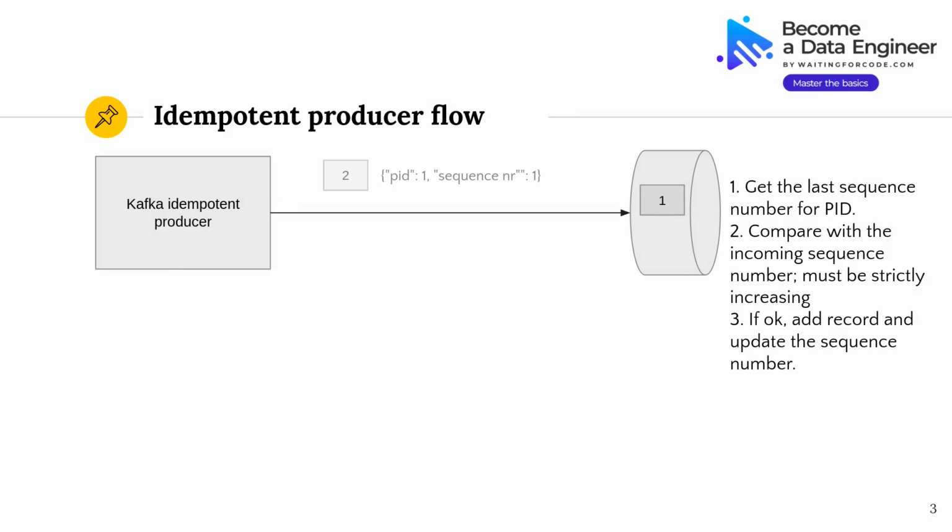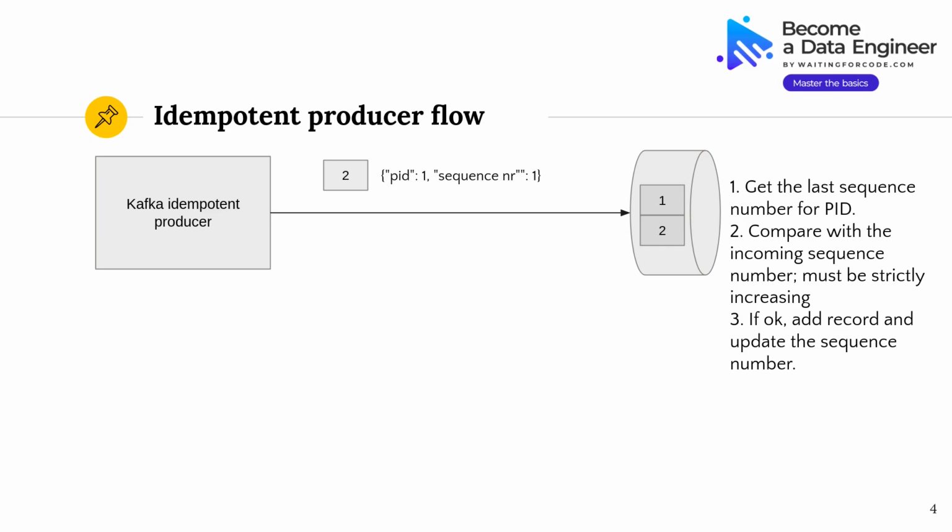So here you can see that the flow is also okay, but what happens if the broker doesn't succeed to notify the producer? If it happens, the producer will try to resend this record number 2 with the previous sequence number, so 1.